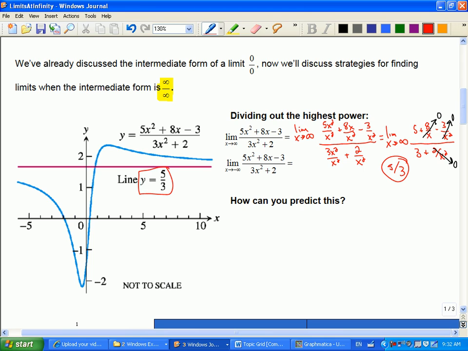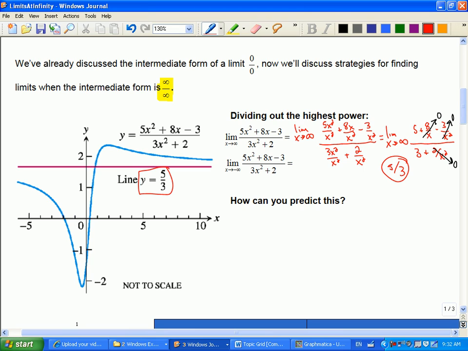Okay. Does anybody notice something that might also be useful here? What do you notice about 5 over 3? It's really, I don't want to say it's obvious because it's not obvious, but it is kind of.